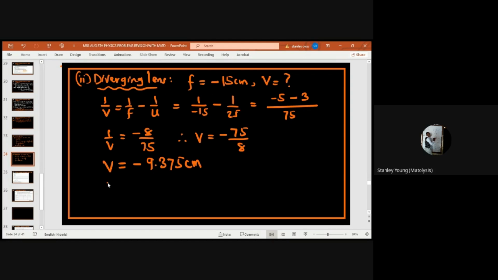So I can call it 9.375 centimeter. Then I'll say virtual. Why is it virtual? Because I got a negative value for v.